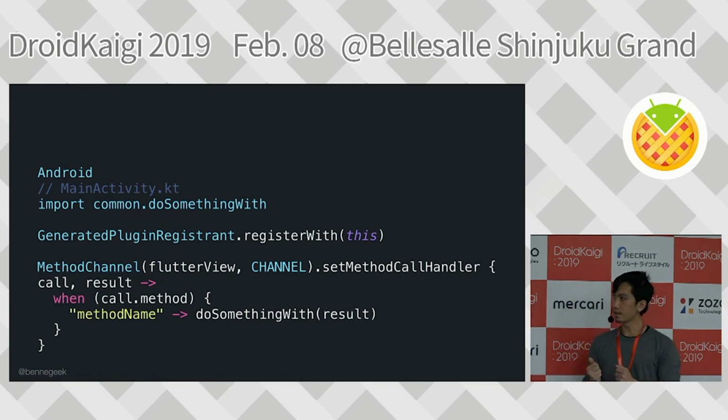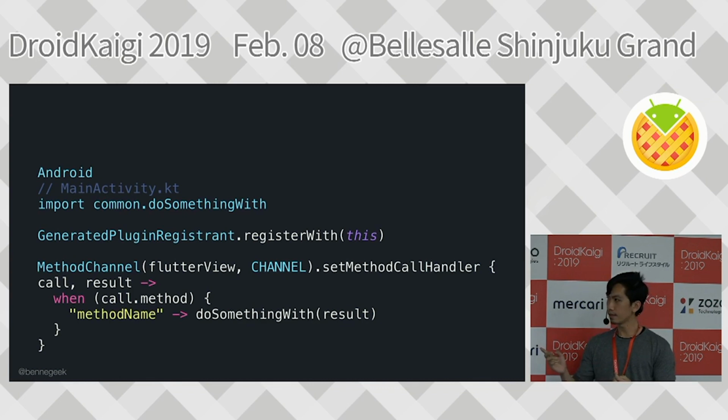So for Android, this is simply just to set up the channel. The all caps CHANNEL there is a string, which is the name of the channel. Pass the Flutter view, and then set a handler. When you pass a string from your Flutter code into the channel, it gets inside this method, if it's the same channel, and then you can process the method.